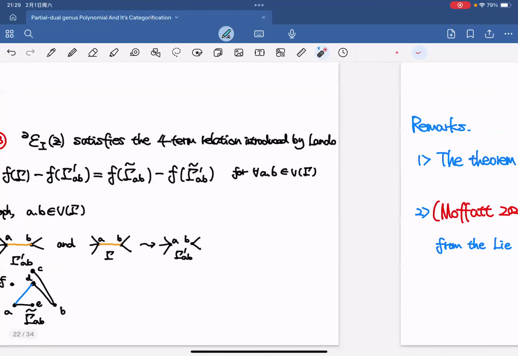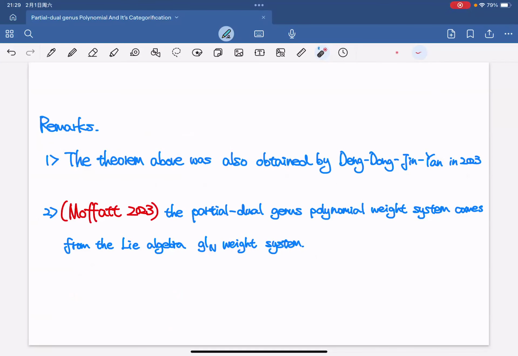Here we have 2 remarks. First, this result was also obtained by Deng, who is also an organizer of this wonderful conference, and Professor Shen Anjun and Yan at the same time.